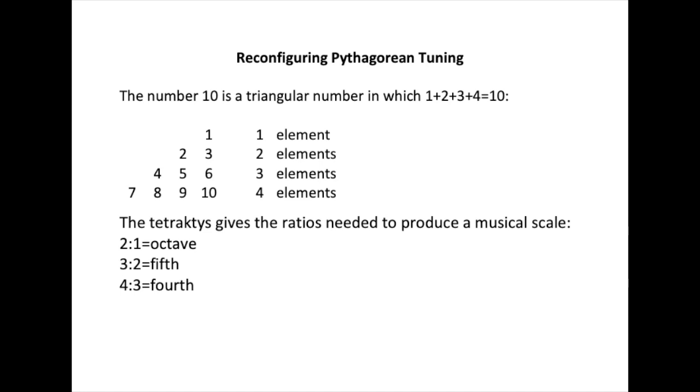The number 10 is a triangular number in which 1 plus 2 plus 3 plus 4 equals 10. Thus, the tetractys contains the ratios needed to produce a musical scale: 2:1 being the octave, 3:2 a perfect fifth, and 4:3 a perfect fourth.